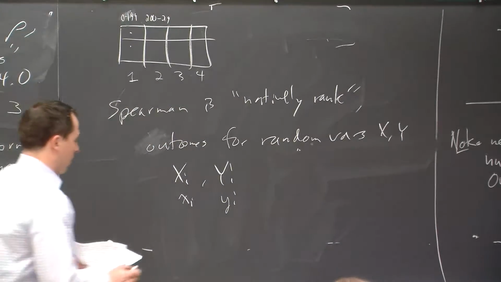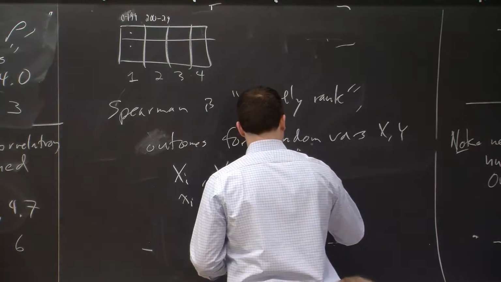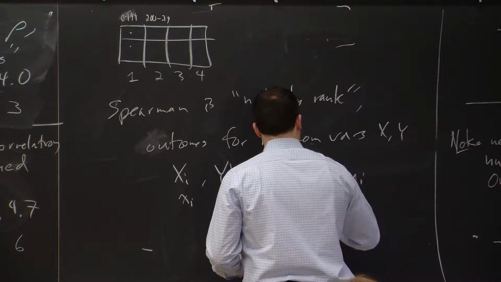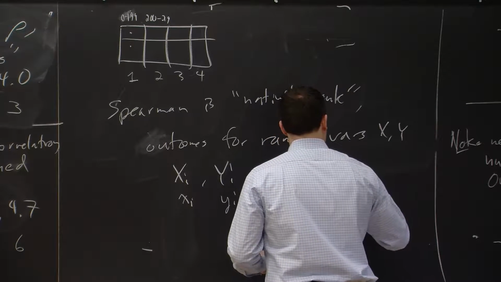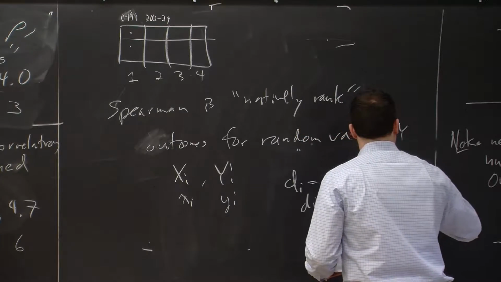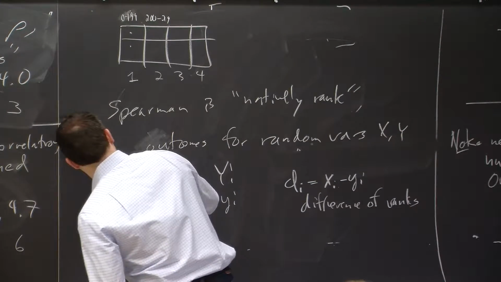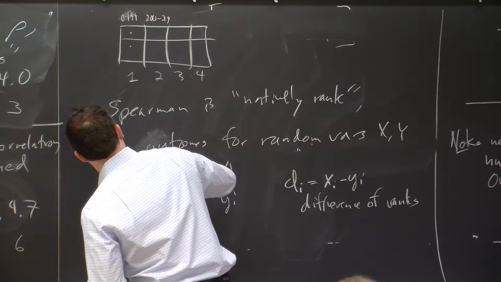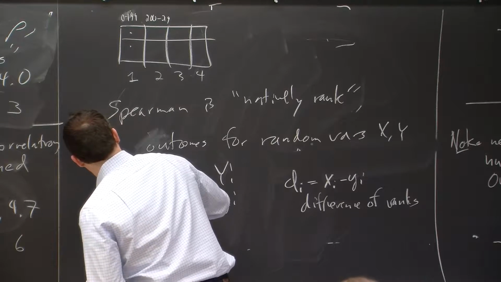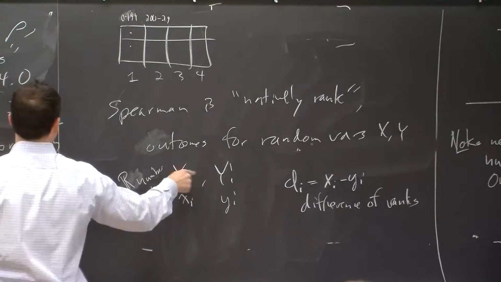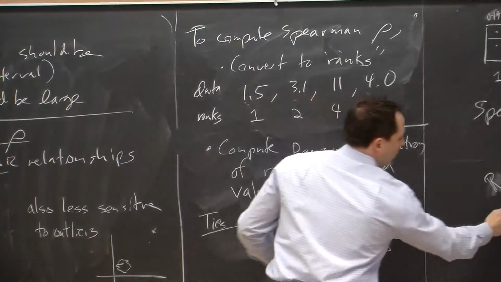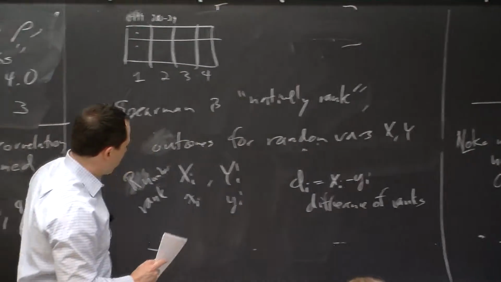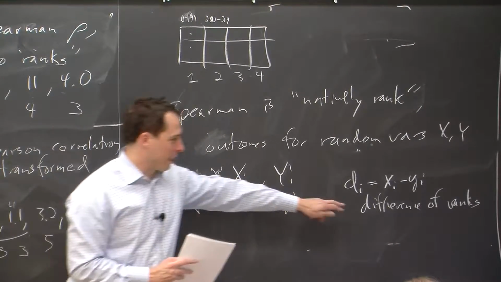I could compute a difference of ranks. So this is like a real number, and this is that rank. So this would be like the 1.5, 3.1, and this would be the 1, 2. And for each observation, it has an x value and a y value, and I could subtract the ranks.